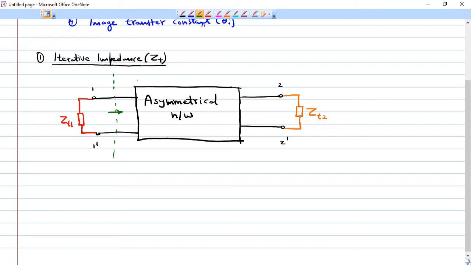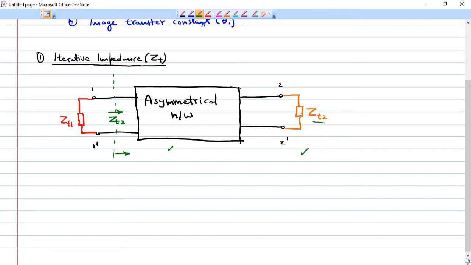So the combined impedance, that is, you are looking in this direction. So the combined network impedance, that is impedance of this network with this ZT2 attached to the 2 2 dash terminal, will be equal to ZT2. Okay, so that's how we define this iterative impedance ZT2.